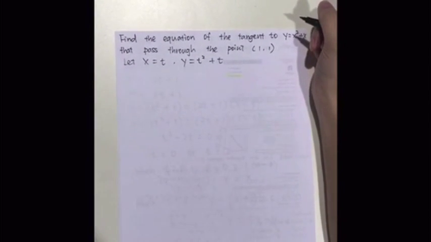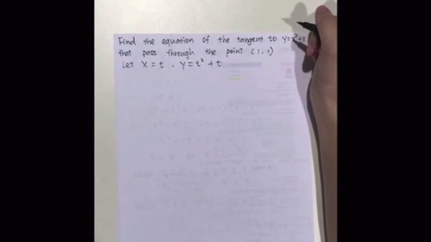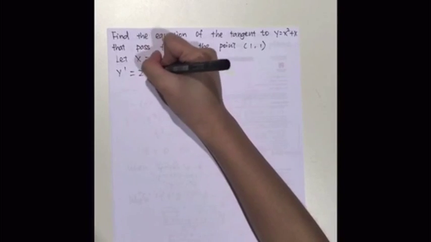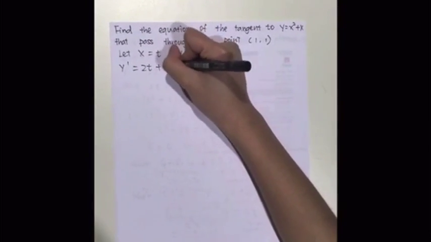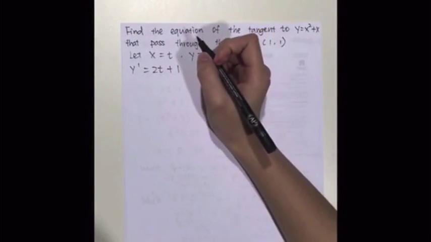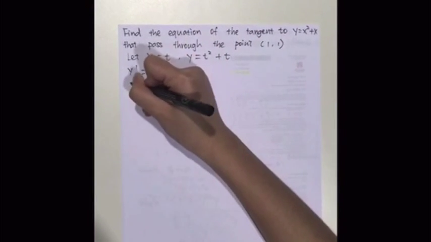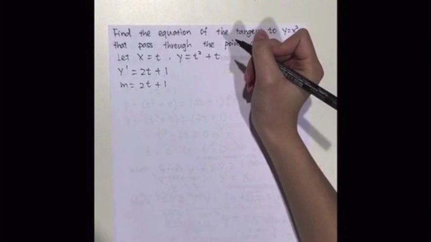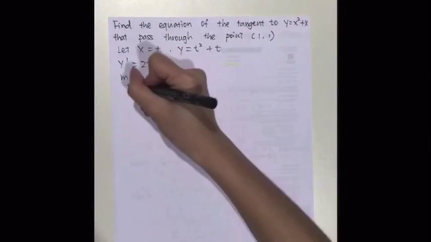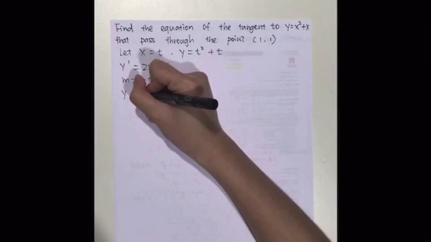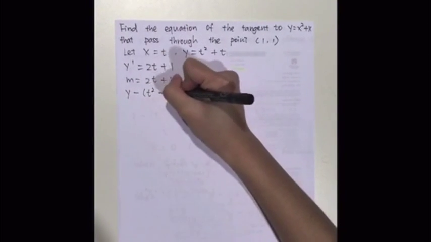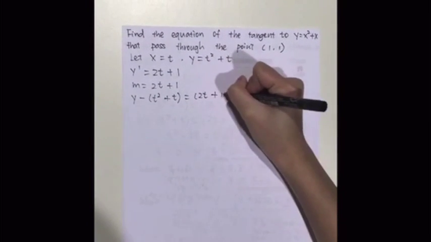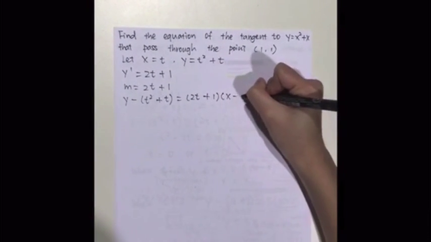And then to find the first derivative of the curve, y dash will equal 2t plus 1, and the slope of the curve will also equal 2t plus 1. So the function of the tangent will be y minus (t squared plus t) equals (2t plus 1) times (x minus t).